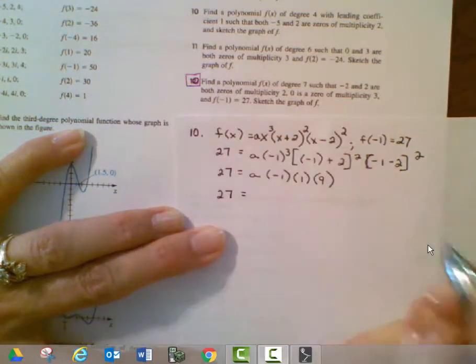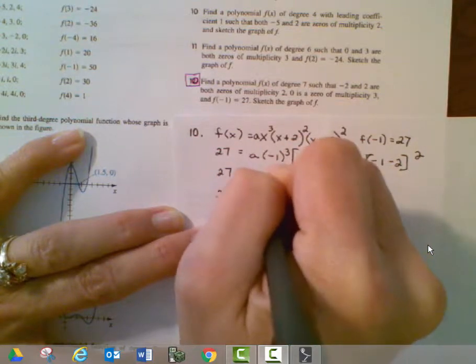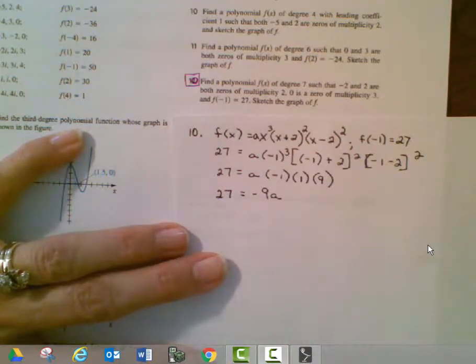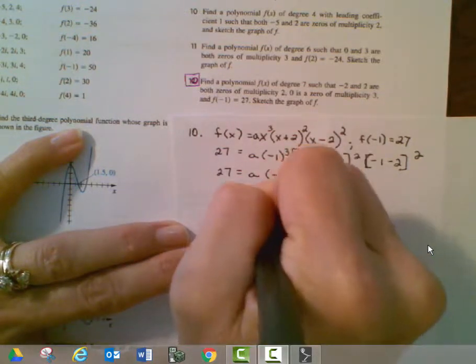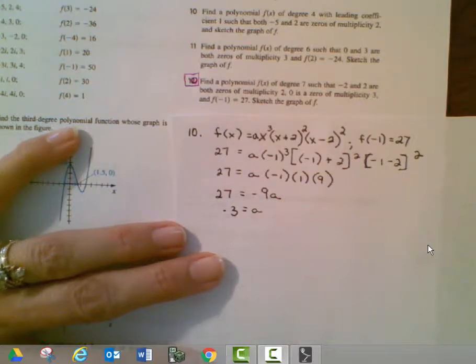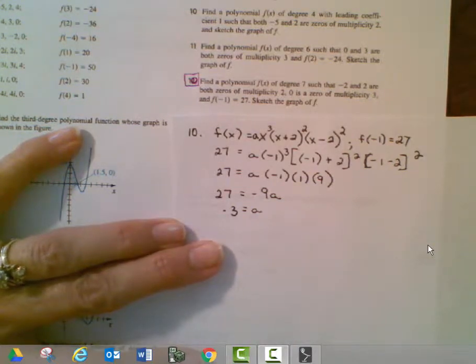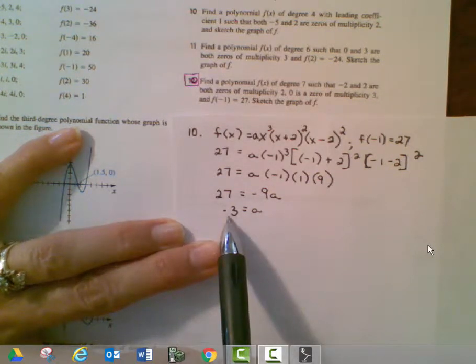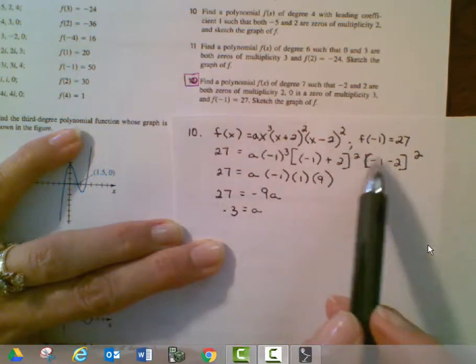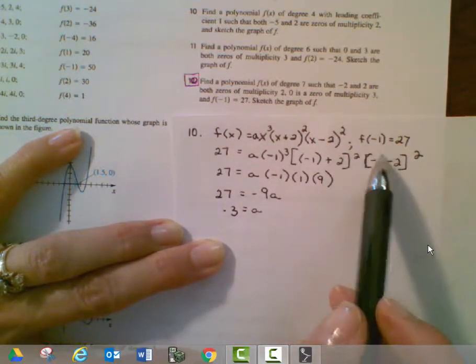So 27 equals -9a. That means the coefficient we need is -3. A coefficient of -3 will cause this general polynomial to satisfy this last condition.